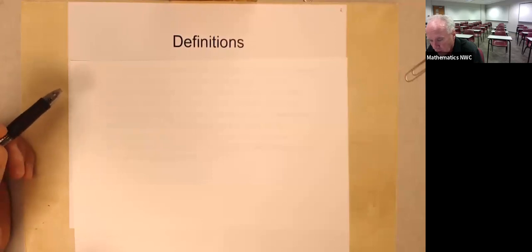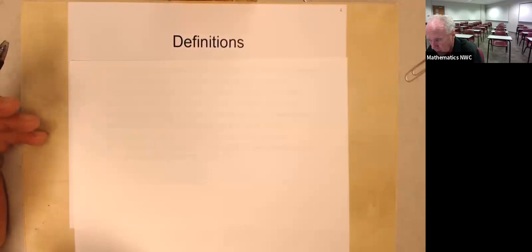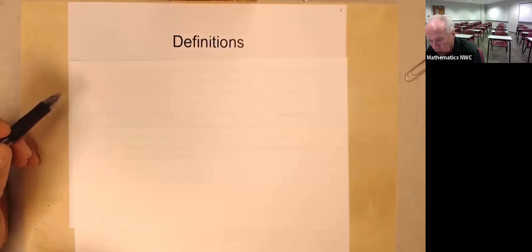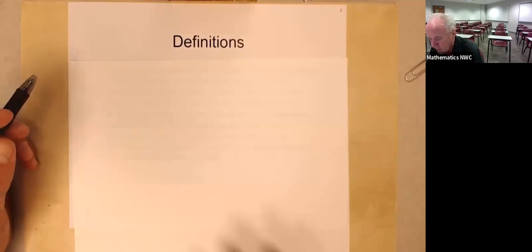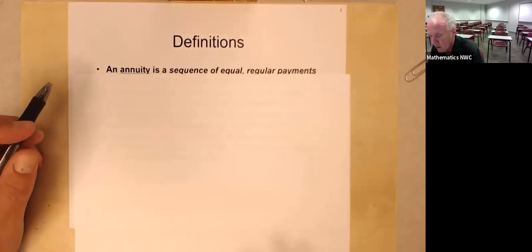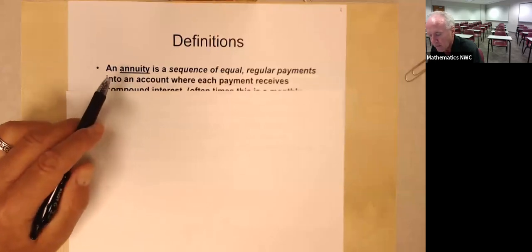But for most people, what they can do is take maybe $100 out of their paycheck every month and put that towards an annuity or towards retirement. Maybe they're going to take $200 out of every paycheck or whatever the situation might be. All of these refer to an annuity.